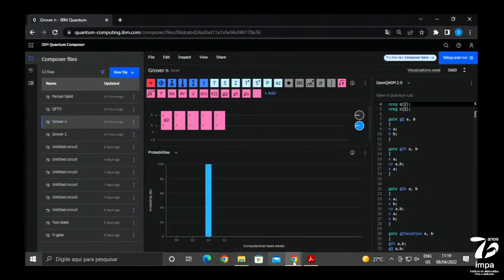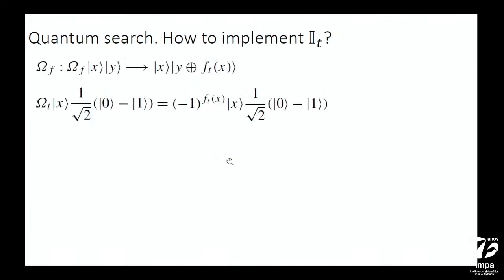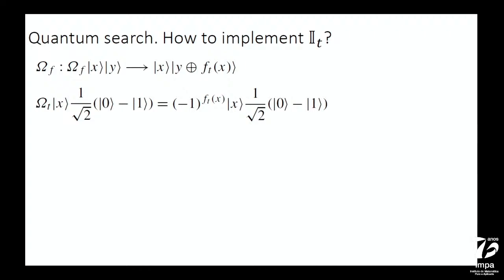So there are a few things missing. One of them is how to make this operation I_T from the oracle, because we defined the oracle in a different way. But this we already did in a certain sense in Deutsch-Jozsa.